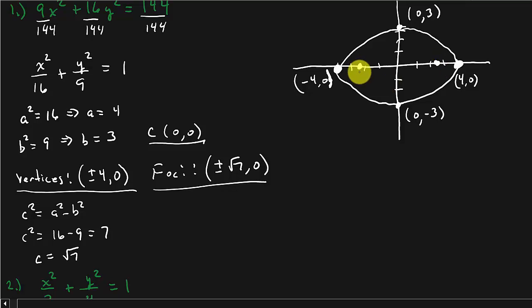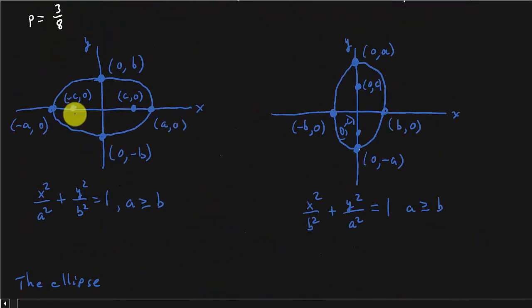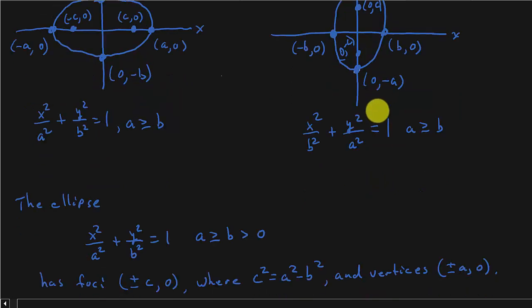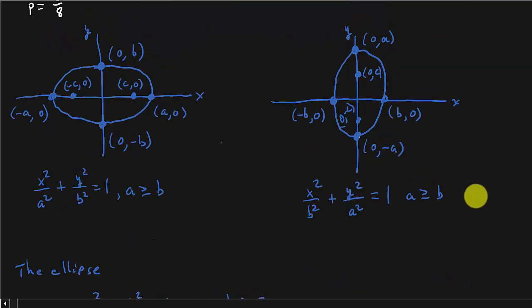Look, don't make this any more difficult than what it is. Okay. The foci, just know the foci is going to be along the major axis. Okay. So, once you get A, and remember A is the larger number. So look, if the larger number is under x squared, the major axis is going to be along the x-axis.